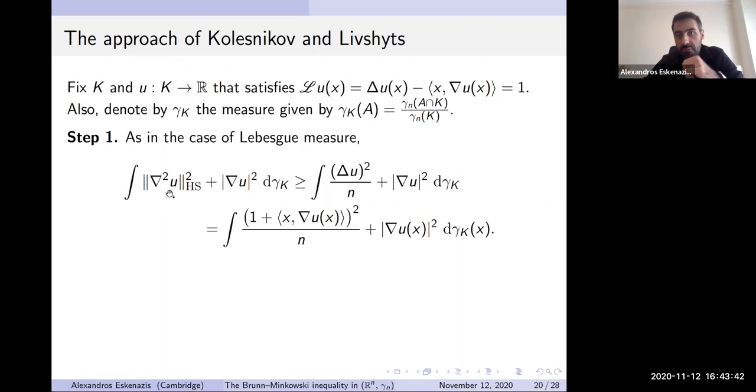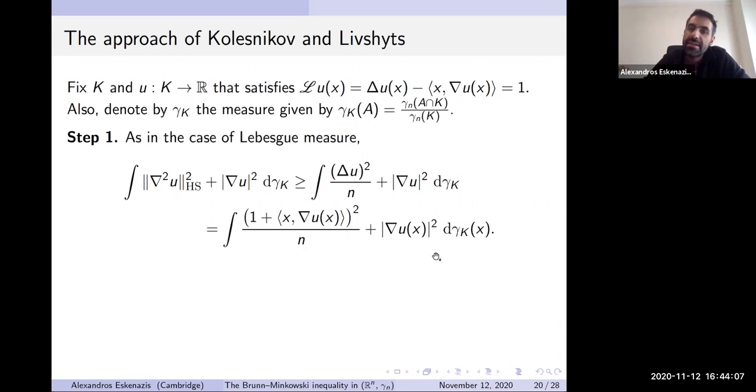What we used before for the Lebesgue measure is that the Hessian squared is bounded by the Laplacian squared divided by n, and they do exactly the same. But now the twist is that the Laplacian is not equal to 1 anymore. Because of the equation, because we've changed the equation for the Gaussian case, it's equal to 1 plus x dot nabla u at x. That's what you get simply from Cauchy-Schwarz.